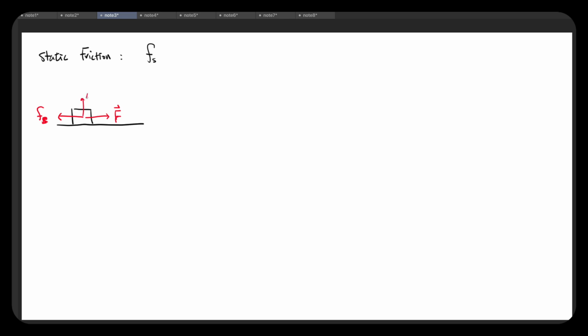There are also the normal force and gravity, let's call this Fg. All these forces are acting on this object. But now let's say this object is at rest. Then that would mean the displacement is 0, right? So whenever we talk about static friction, the static friction does 0 work. It's always 0.